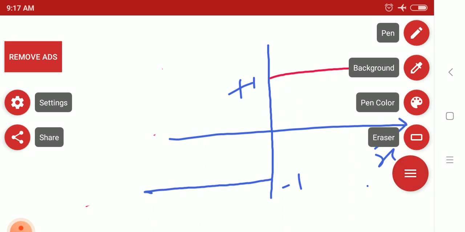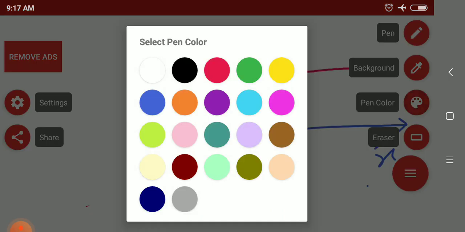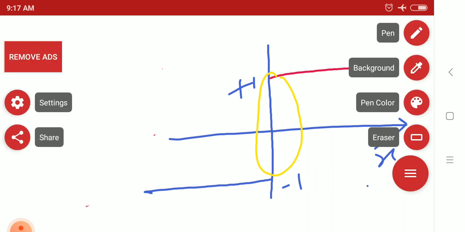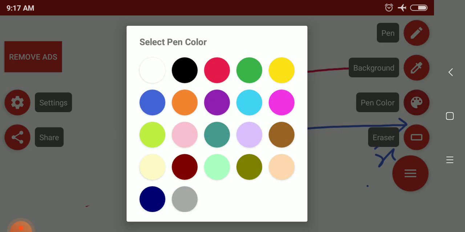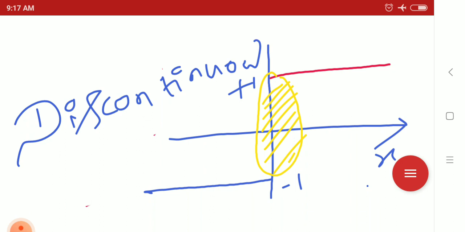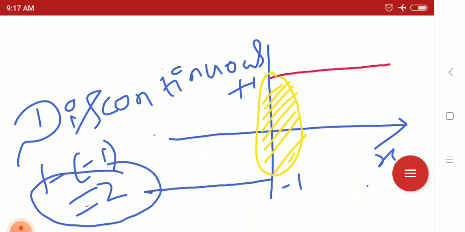Now see whether it is continuous or discontinuous. If we check its continuity, it is discontinuous by an amount of 1 minus minus 1, that is, an amount of 2. The amount of discontinuity is 2 here.